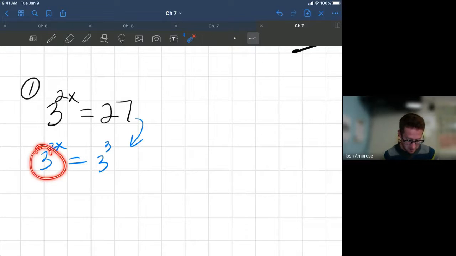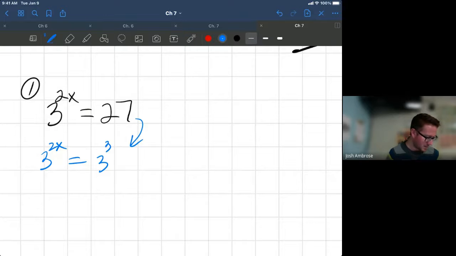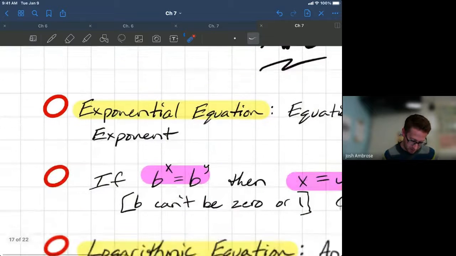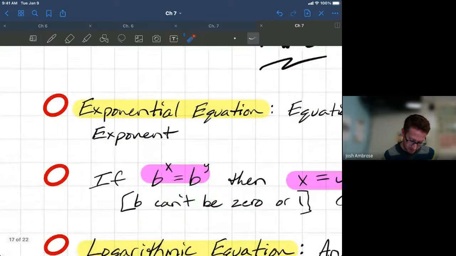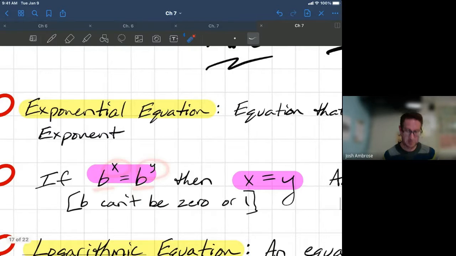Notice right here and here, now you have the same base number. Because you have the same base number, we can use the rule that says same base number means our exponents are equal to one another. Real quick, that is this right here. Same base, exponents are now equal to one another.